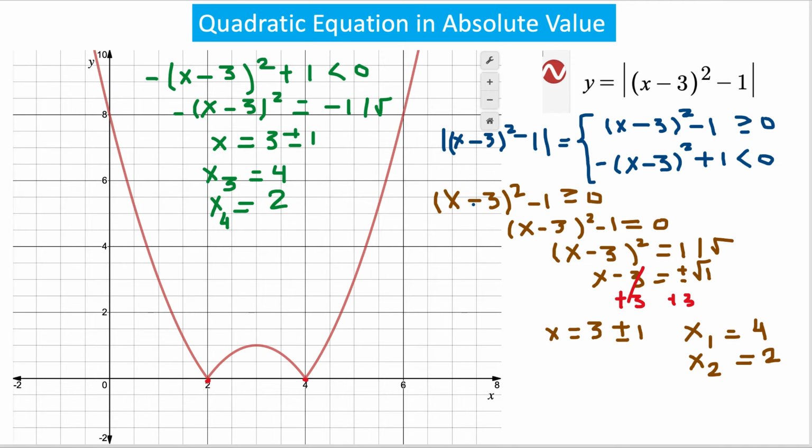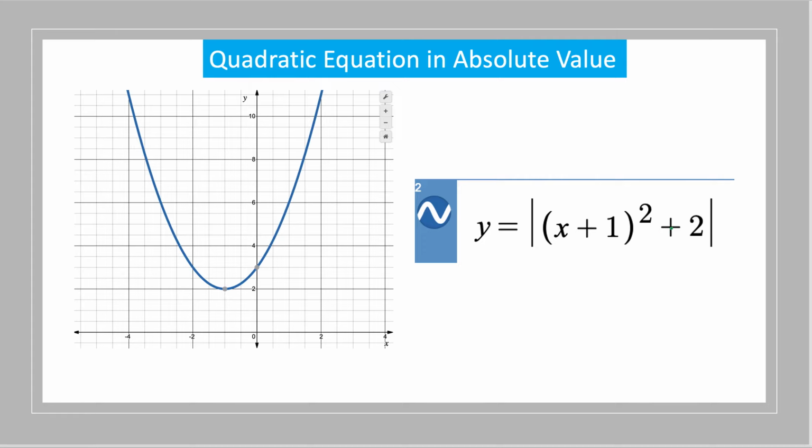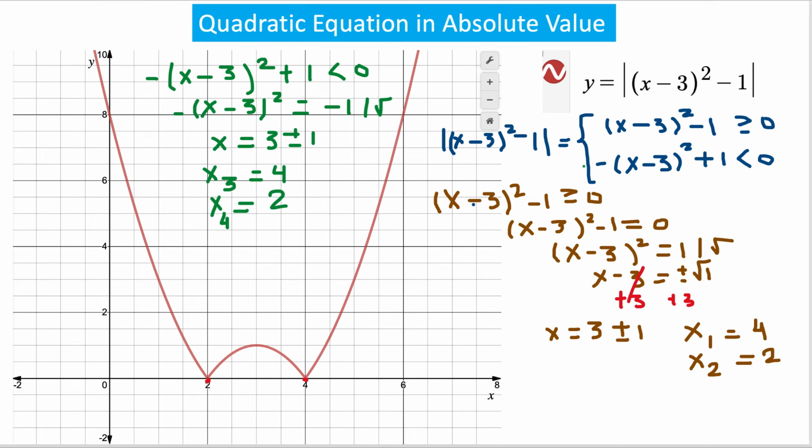Now what happens if, for example, we have a plus 2? The graph of the function is going to be only on the positive side. This function doesn't have any zeros, and the graph is exactly the same as without the absolute value, so I'm not making any exception. But in this case, the function with absolute value is generated from the parent function shifted 3 units to the right and 1 unit down.